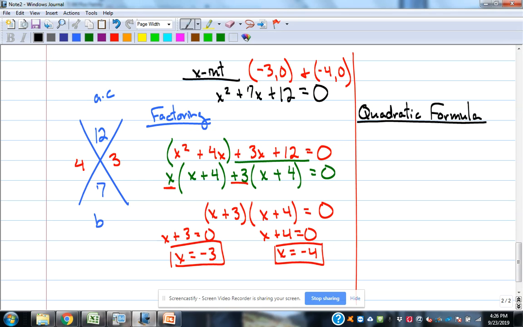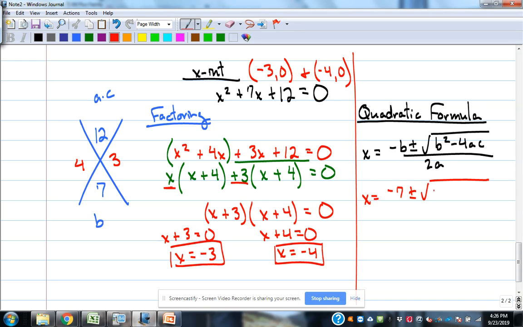Okay, so quadratic formula: x equals negative b plus or minus the square root of b squared minus 4ac, all divided by 2a. So I'm plugging in the a, the b, and the c. So negative 7 plus or minus the square root of 7 squared minus 4 times 1 times 12, all of that underneath the square root, and then all divided by 2 times 1, because that's what a is.